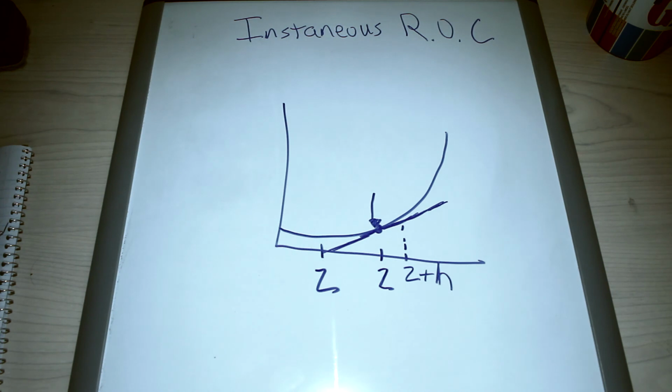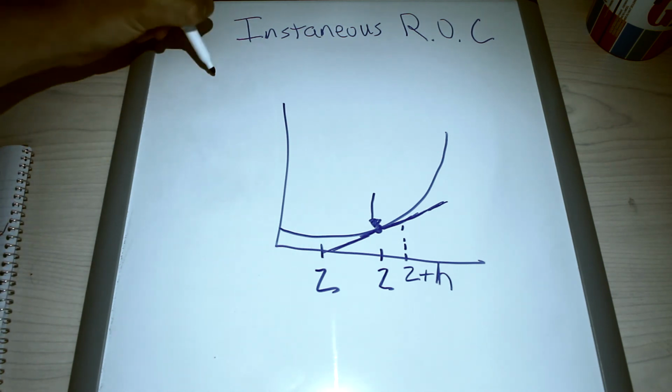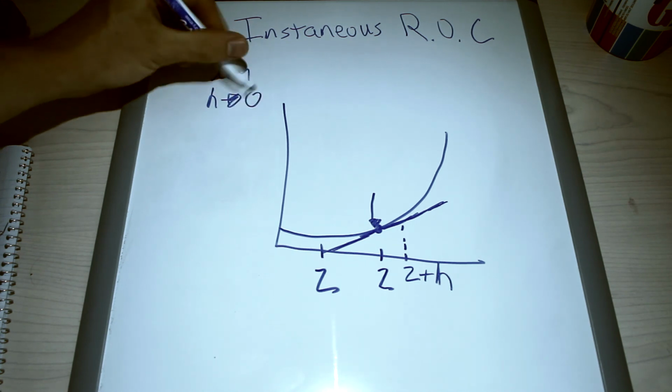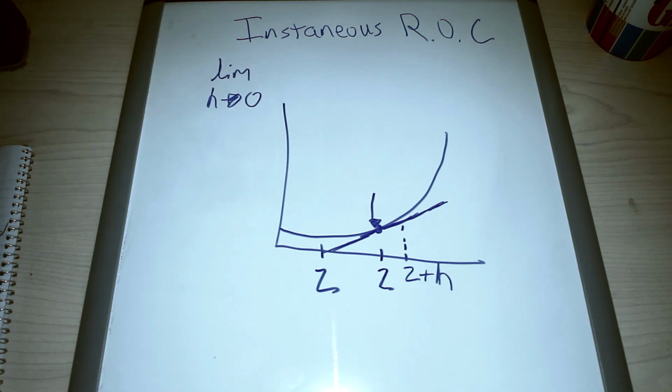But to make this even more accurate is if we have the limit as h goes to 0. Because then, technically, it's going to be 2 different points, but the second one's going to be so infinitesimally close to the first that it's going to be a really accurate representation of the slope at that given point on the graph.